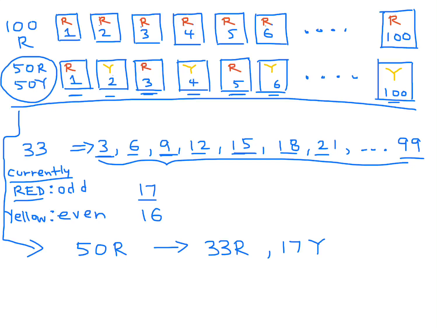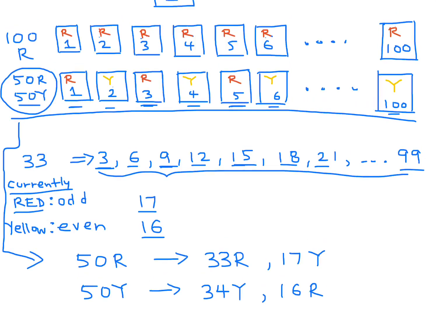Then, what about the next one? There's 50 yellows, and he's going to flip over 16 of them. So the 50 yellows will then become 34 yellows, and the 16 that are flipped will become 16 red. All right?